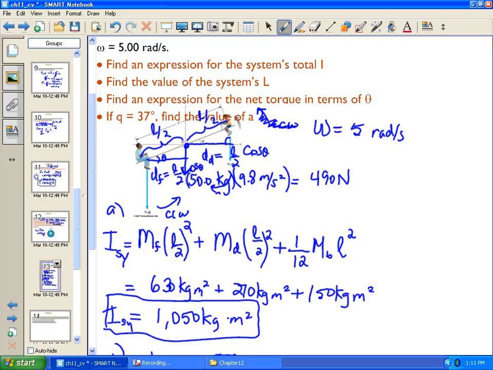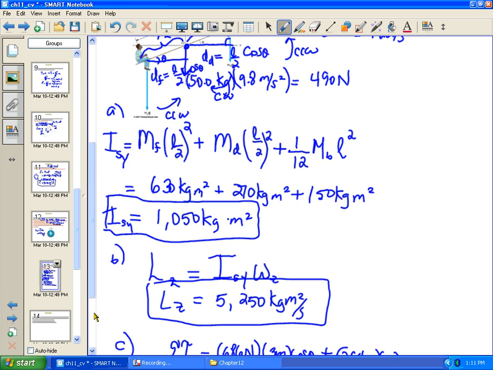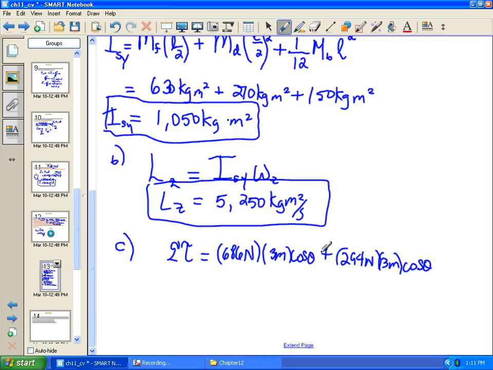This is clockwise, except that the father's torque will be greater, which is why there is a net counterclockwise. Yes, that's correct. Forgive me, because it's the force toward the axis of rotation. So there is a clockwise torque, and this will become negative since this is the clockwise rotation. But because the counterclockwise torque is greater than the clockwise torque, there is a net counterclockwise torque.